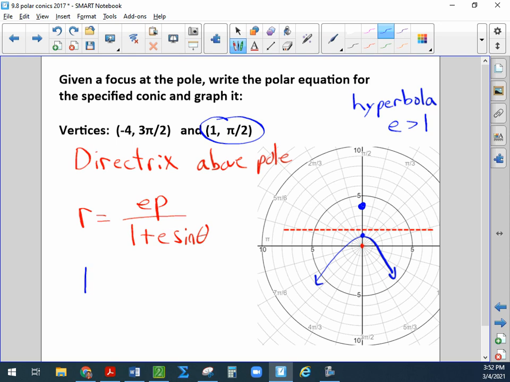So 1, which is r, is going to equal ep over 1 plus e times sine pi over 2. Sine of pi over 2 is 1, so 1 equals ep over 1 plus e. And we still don't know ep or e, so we're going to have to do something else. But these are the values that we have so far.